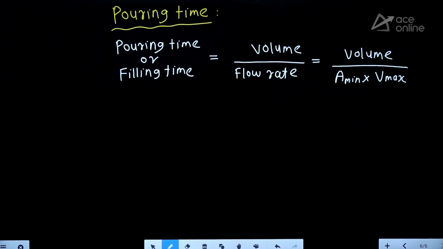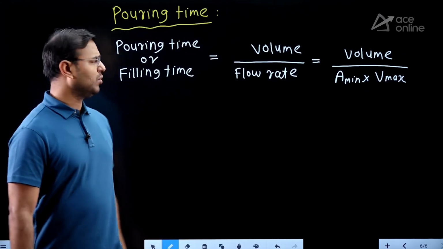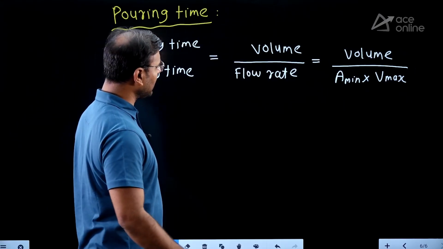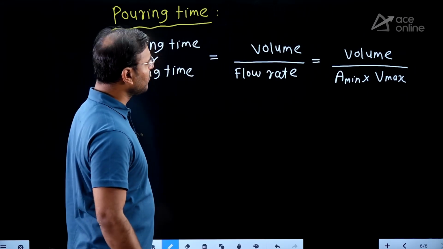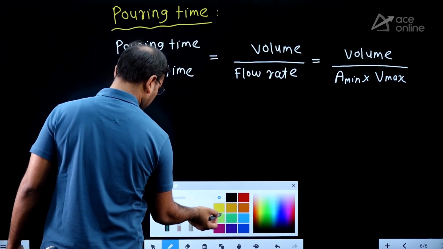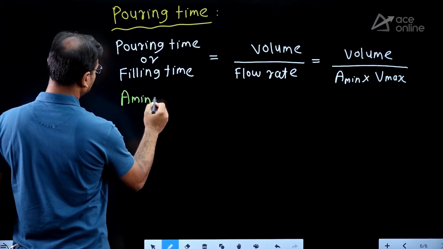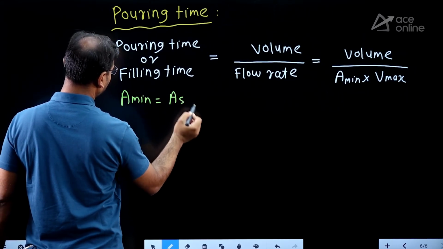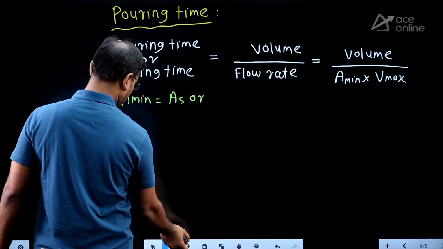Then guys, the volume of casting cavity, or in the numerical directly they are giving the volume of the casted component, we have to use it here, divided by minimum area into V max. Which is the minimum area? The minimum area means either the area of a sprue, or area of runner, or area of ingot.